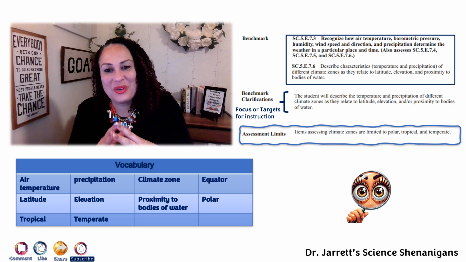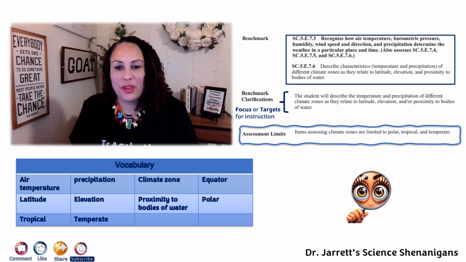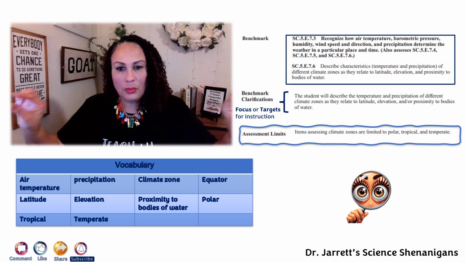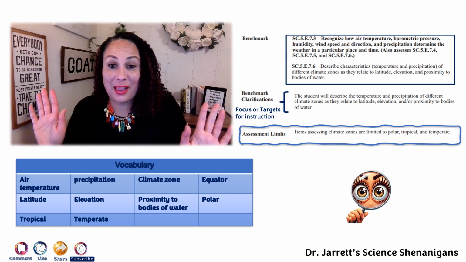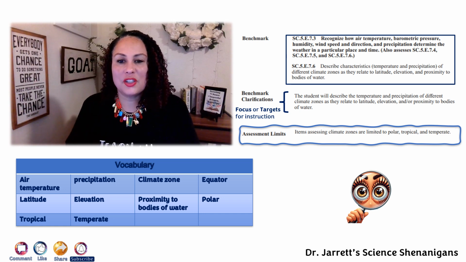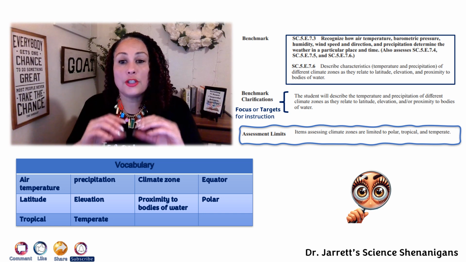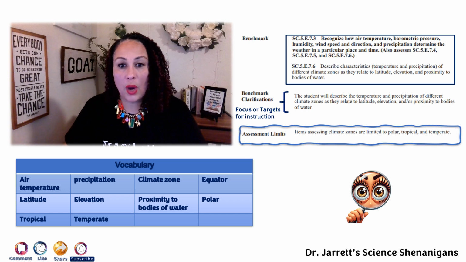So usually what I do is either give the students or have them draw the earth, and then it is cut in half. So we have our equator, which is a dash for an imaginary line. And then I have the students write tropical above the equator and below the equator.